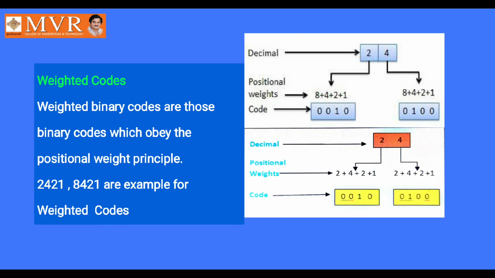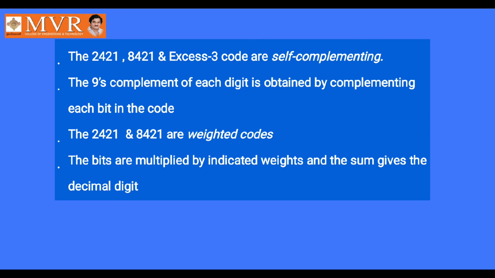Indicated weights means the weights in the codes 8421 and 2421 for these two number systems. The sum gives the decimal value. Like this, we generate the decimal equivalent values for 2421 and 8421.